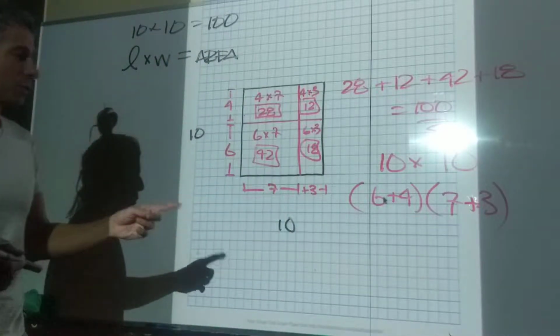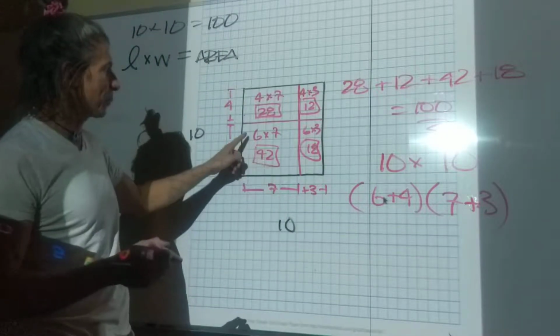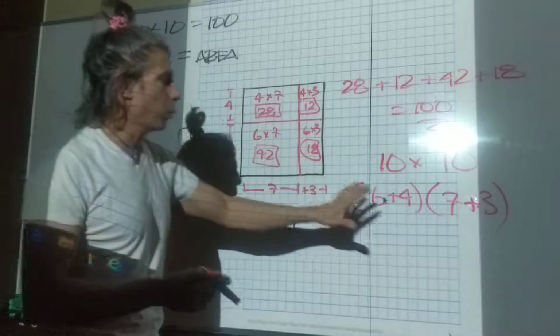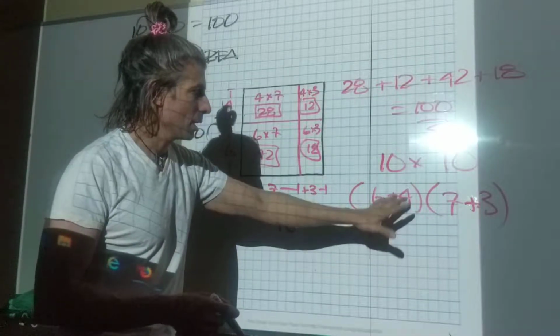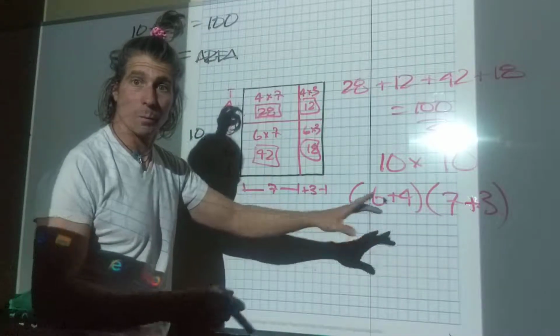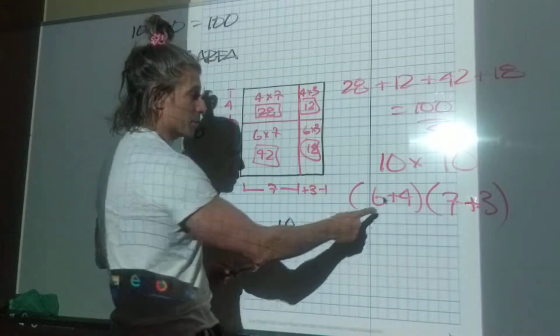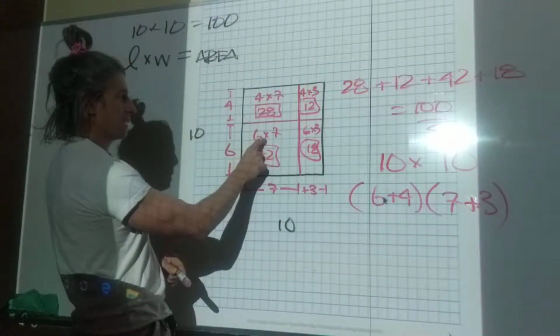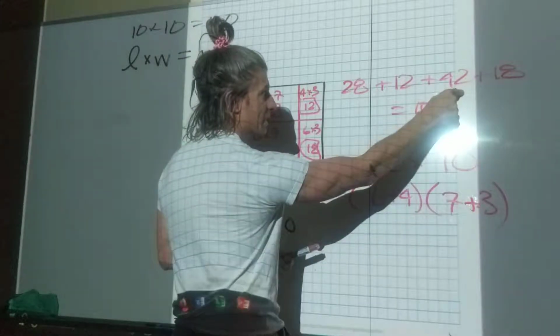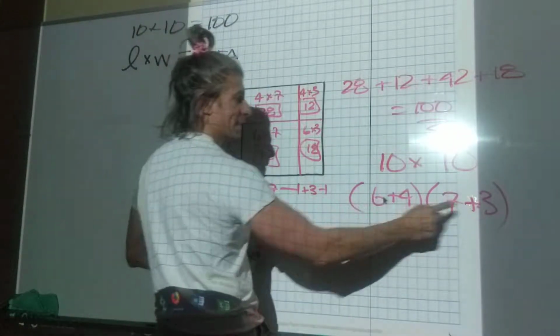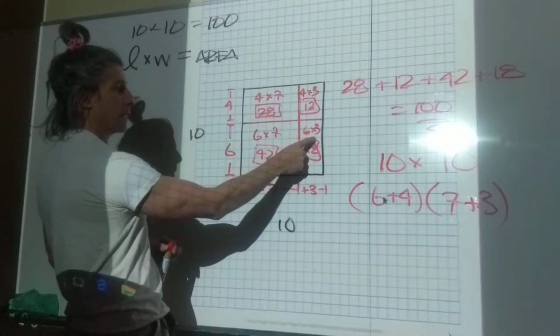So what you have is that each of these products is one of the pairs of the distribution here. So 6 times 7 is this piece down here. 6 times 7 is that 42. 6 times 3 is this piece right here.